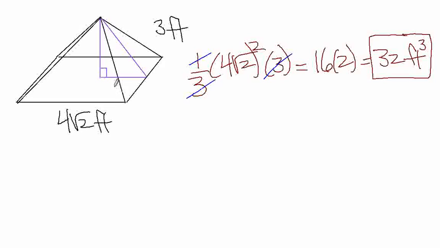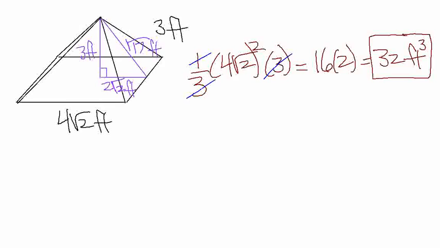So one of the legs of that purple right triangle has a length 2 root 2 feet, and the other leg, the one that corresponds to the altitude, has a length of 3 feet. And using the Pythagorean theorem, we could find the length of the hypotenuse. So 3 squared is 9, 2 root 2 squared is 8, 9 plus 8 is 17, so the hypotenuse has a length of square root of 17 feet.